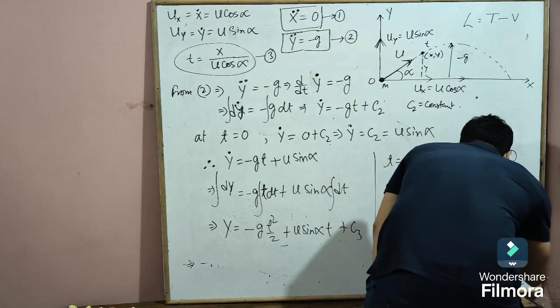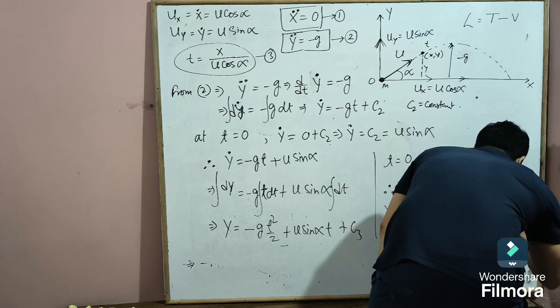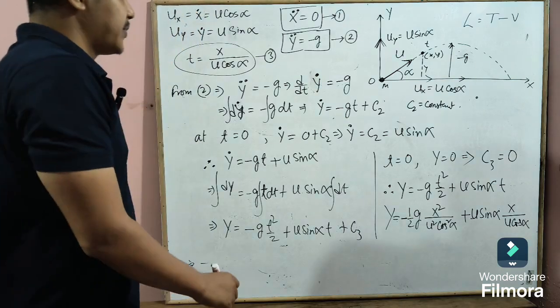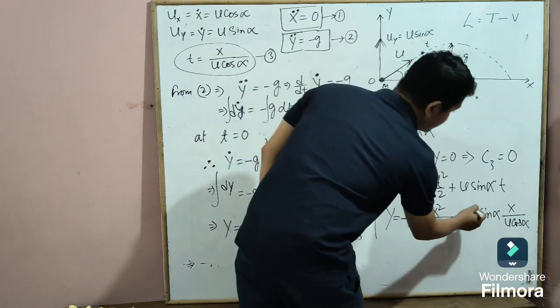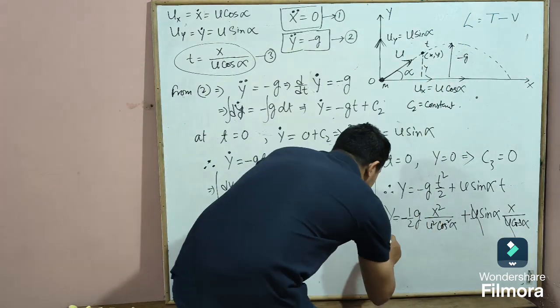Plus u sine alpha, instead of t, x by u cos alpha, that's what we're going to have, right? And sine alpha by cos alpha, here u cancels, that's going to be tan alpha.